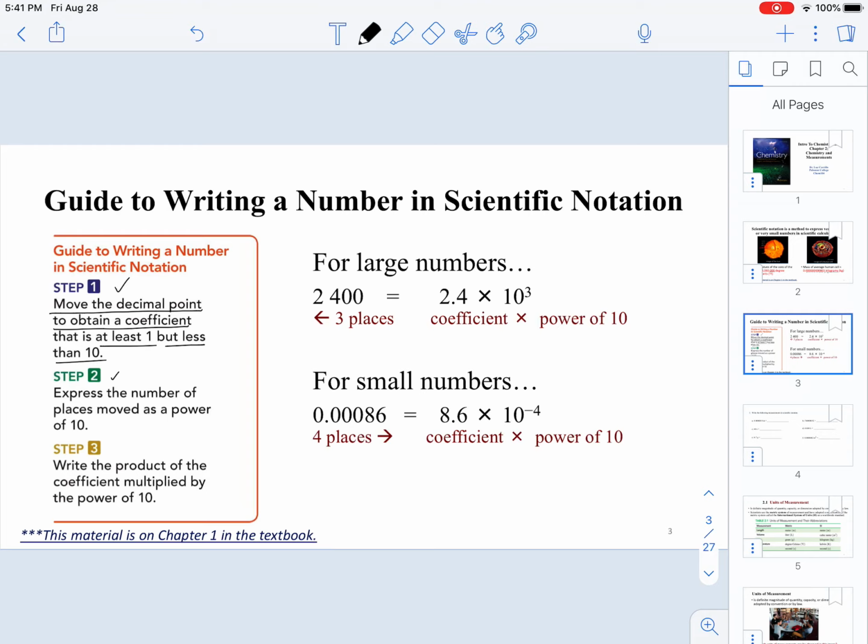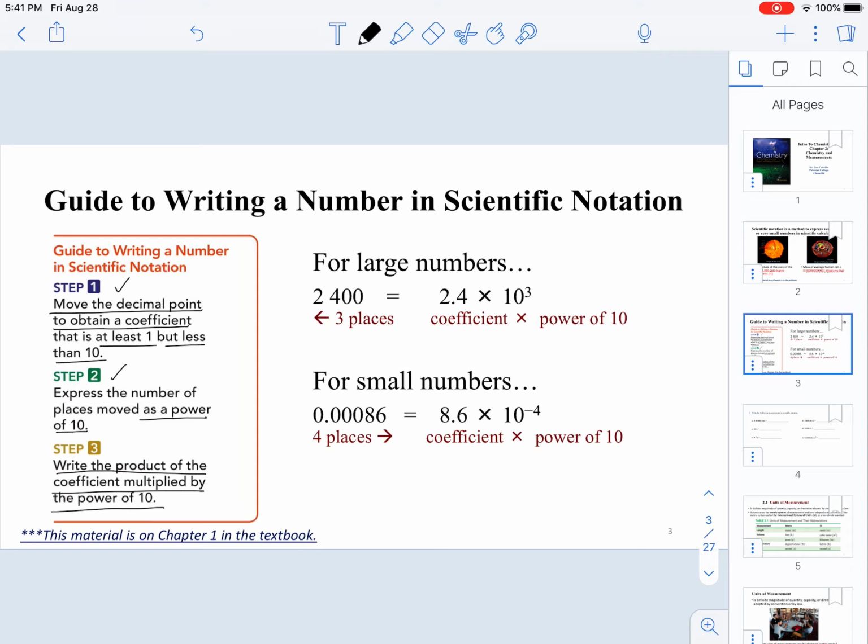Step 2 is express the number of places moved as a power of 10. What does that mean? That coefficient we are going to write as a product of the coefficient multiplied by that power 10. Let's look at specific examples.